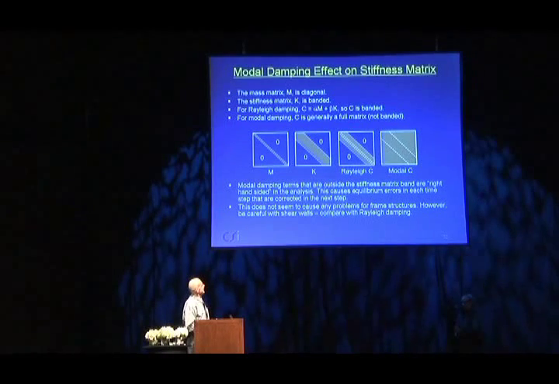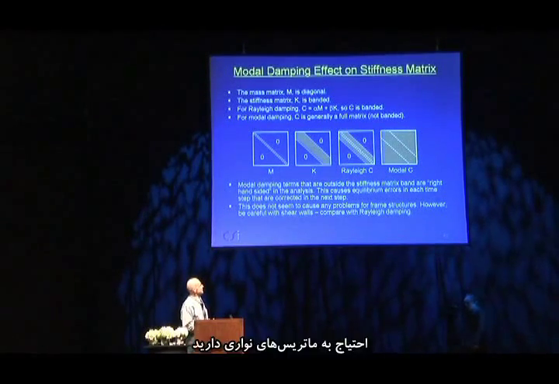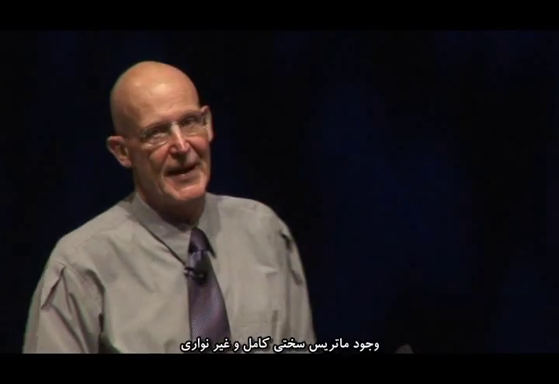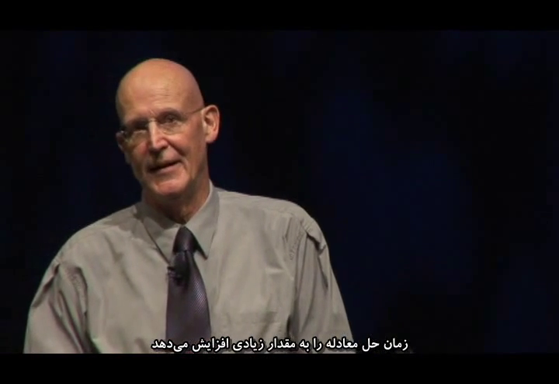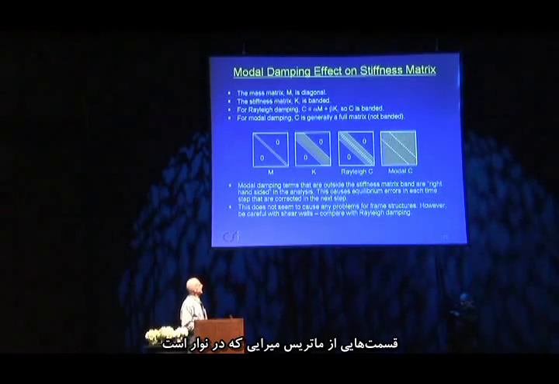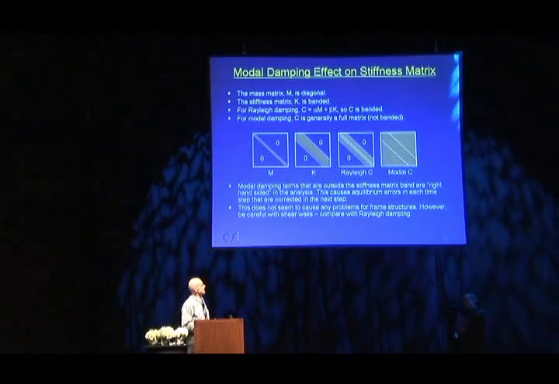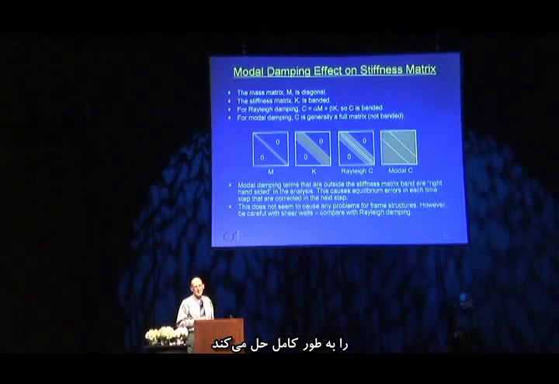And in order to solve a set of equations efficiently, you need to take account of damping and of banding. And if you have a non-banded stiffness matrix, the amount of time to solve the equations can go dramatically higher. So what Perform does is say, well, okay, the portion of the damping matrix which is inside the band, we will do that properly, and we'll handle it during the equation solving process.